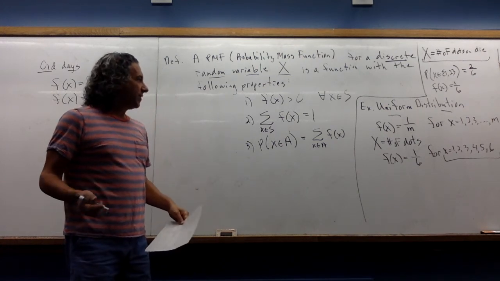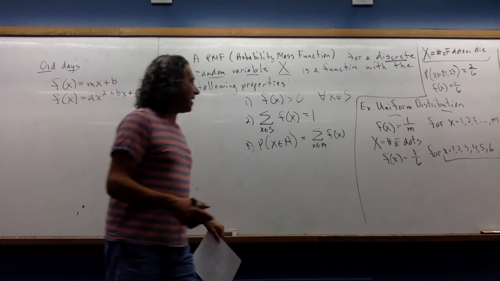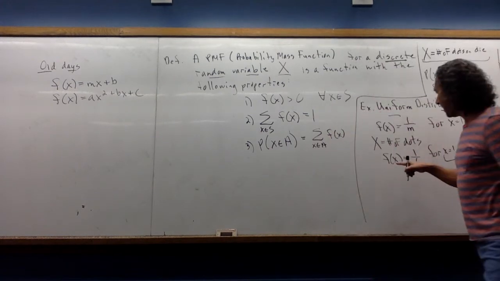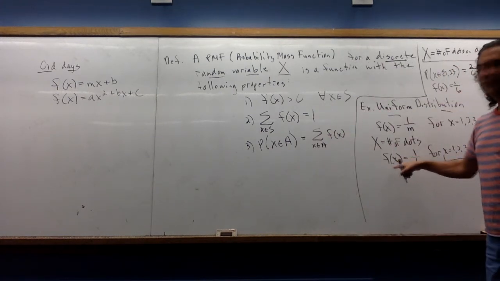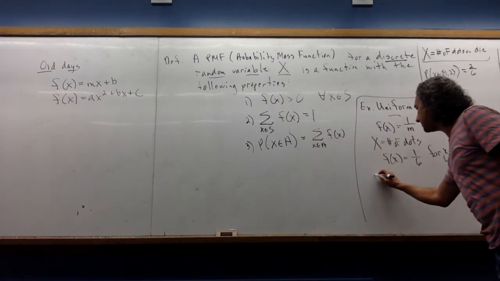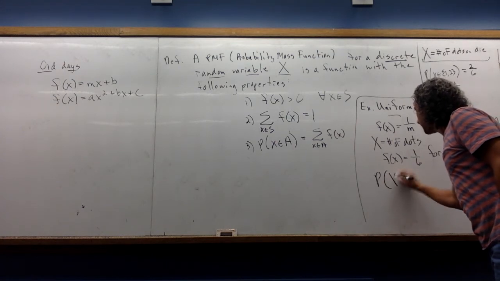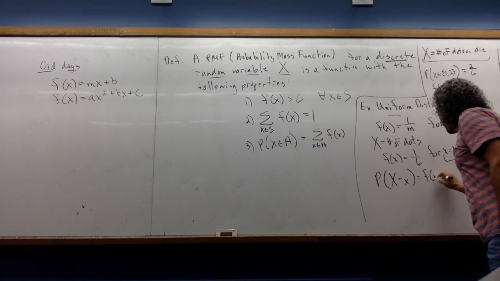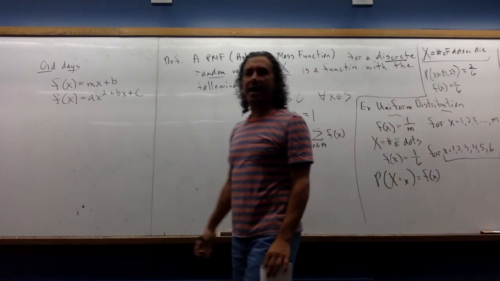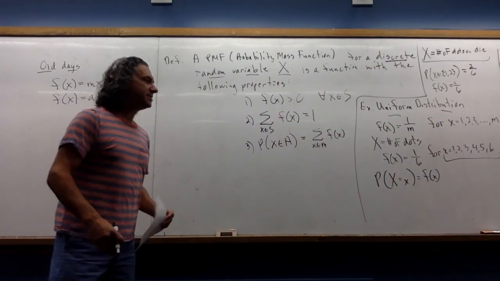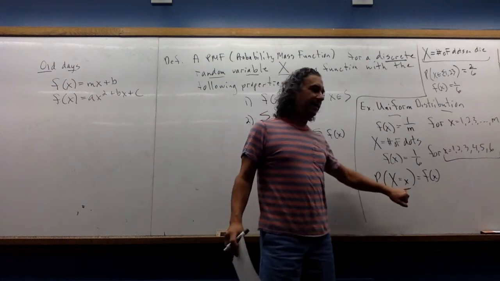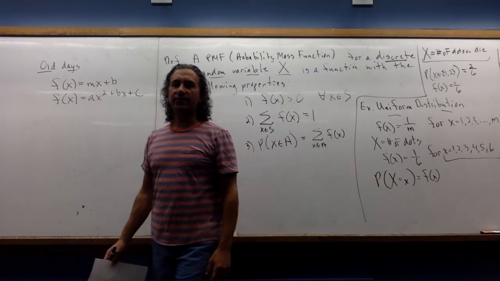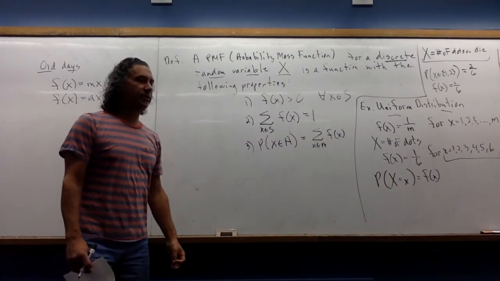One other thing I want to talk about is that instead of this little f of x notation, a lot of times we're going to use this notation: the probability that big X equals little x is the same thing as f of x. This big X business, I know from personal experience and from teaching this for a long time, is a little bit confusing at first.